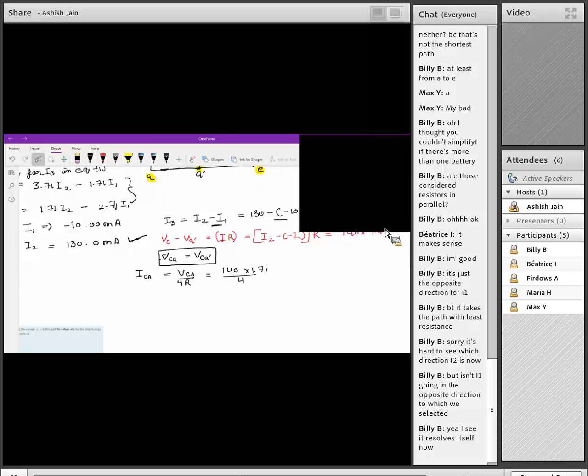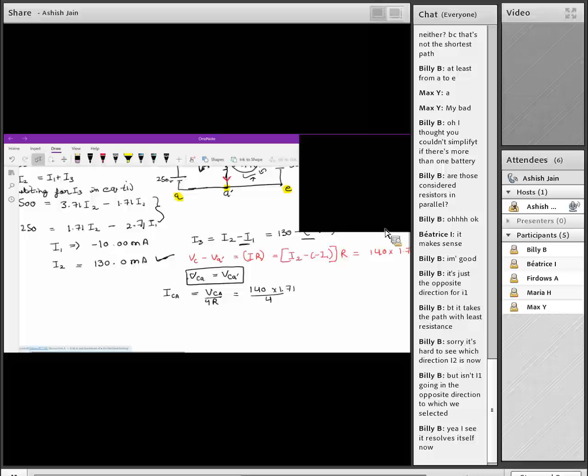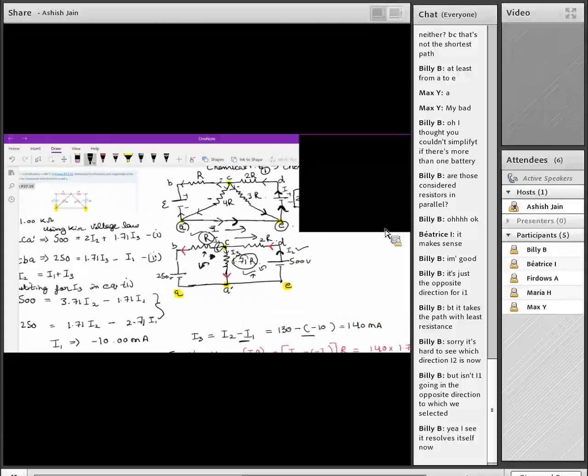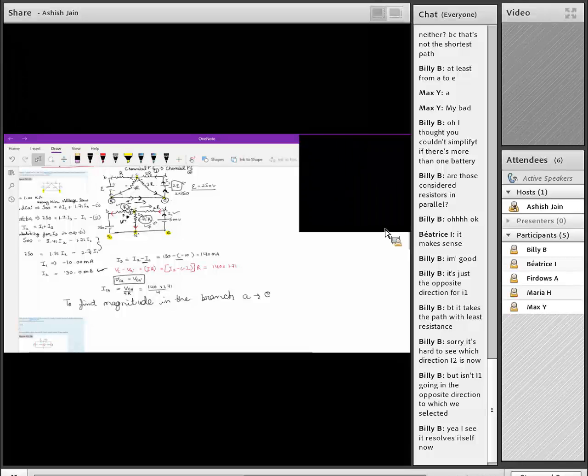Okay, that solves your equation, and so you get the total current here, ICA, and let's say the current going through is I. To find the magnitude in the branch A to E, right? Find the magnitude in the branch A to E.